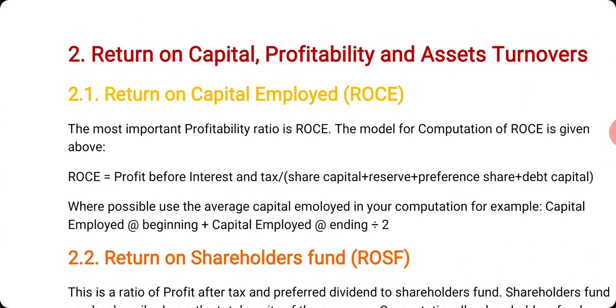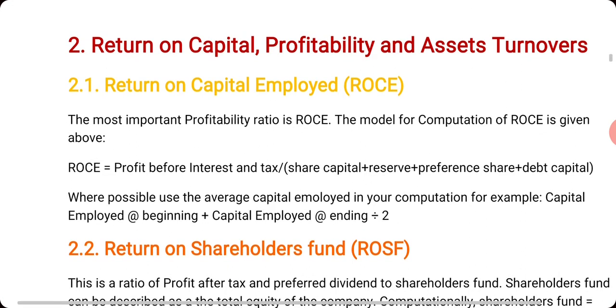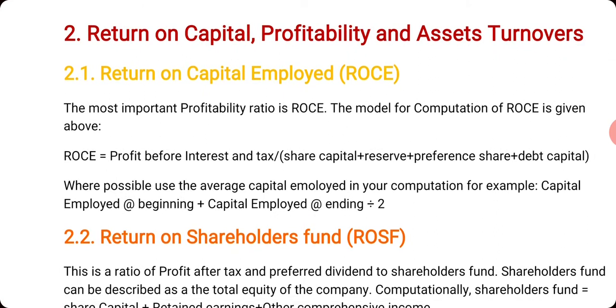So we're now going to look at the categories of financial ratios. Now, in looking at profitability ratio, the first thing is return on capital employed. Return on capital employed is the most important profitability ratio. The formula is simply profit before interest and tax over capital employed.